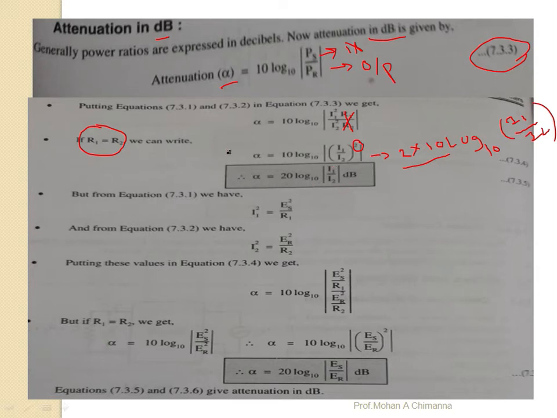So here the attenuation alpha is equal to 20 log to the base 10 of I1 upon I2 in decibel unit.